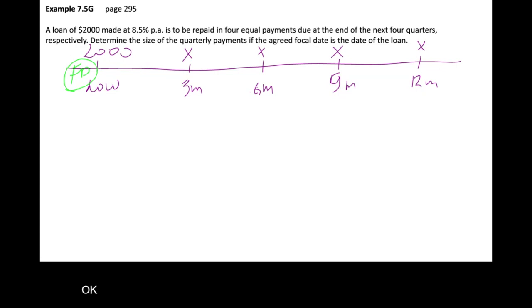Okay, guys, so what do we have here? 2000 on one side has to be equal to 4 payments today in a focal date.